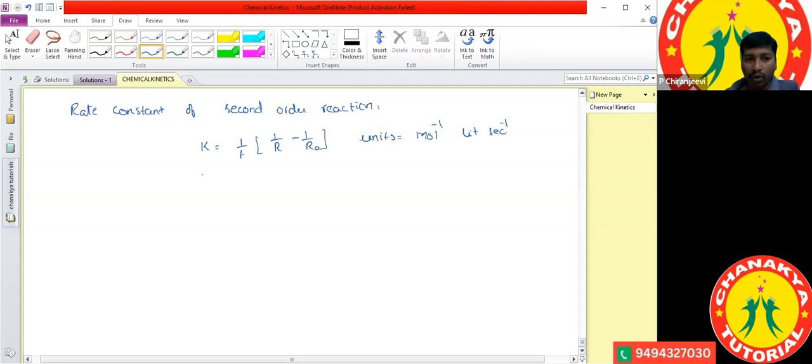Now, the rate constant of the third order reaction. What is the formula we write for the third order reaction?